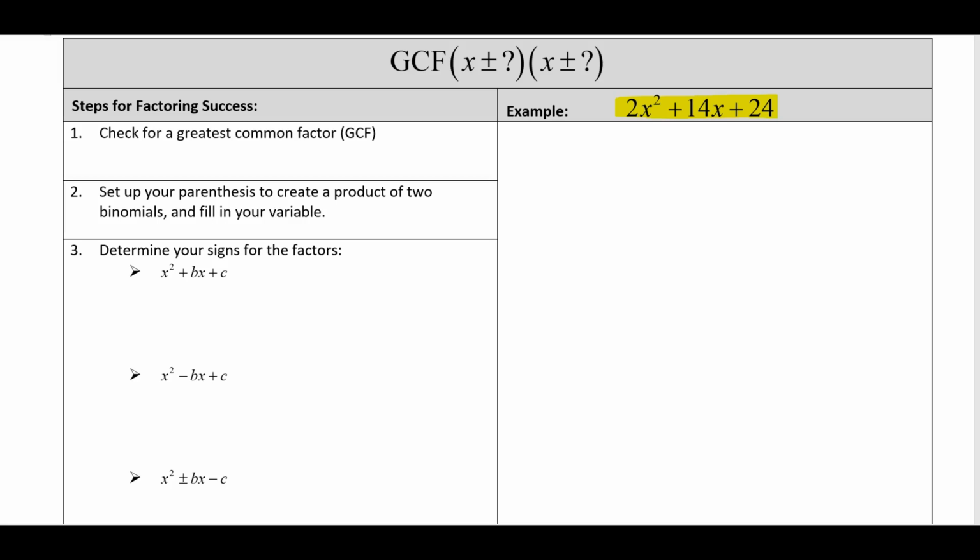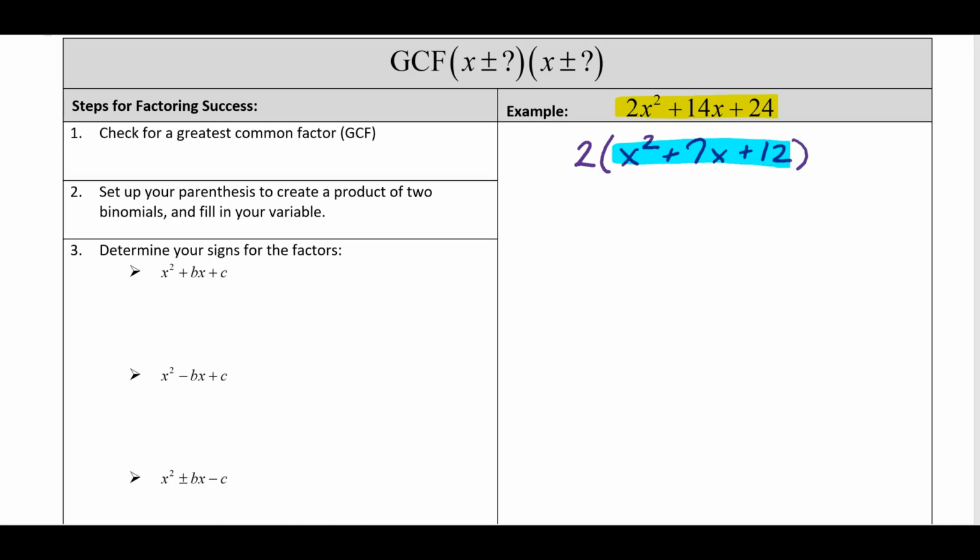So after yesterday's lesson, you should know that this would factor out into 2 times x squared plus 7x plus 12, because I'm dividing a 2 out of each of these terms. Now, yesterday you would have just left it as this, but today we're going to continue factoring this expression right here.